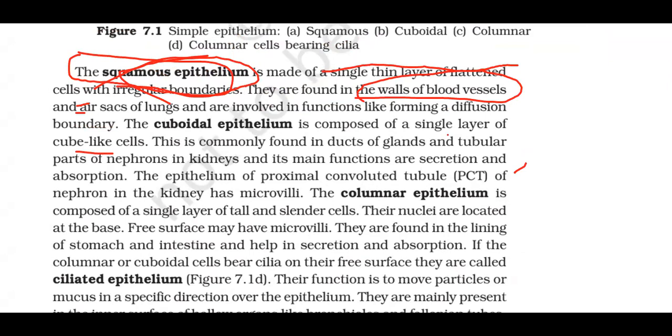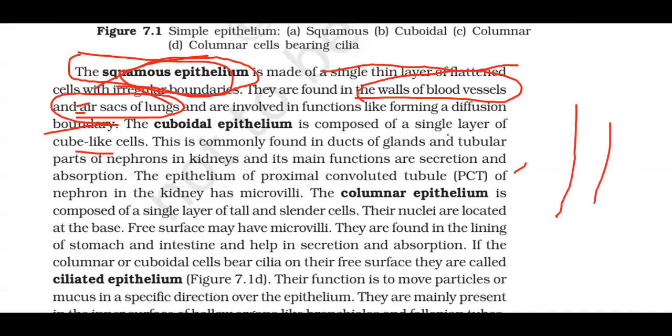They are also found in the lungs and are involved in functions like a diffusion boundary. So they are present in the air sacs of the lungs, which are nothing but alveoli. So in our body we have alveoli. The alveoli act as a diffusion boundary for oxygen. We have blood vessels, and next to them the alveoli. Oxygen comes through the alveoli and we take it into our blood. So the oxygen travels from the alveoli into the blood vessels. These are all squamous epithelium.